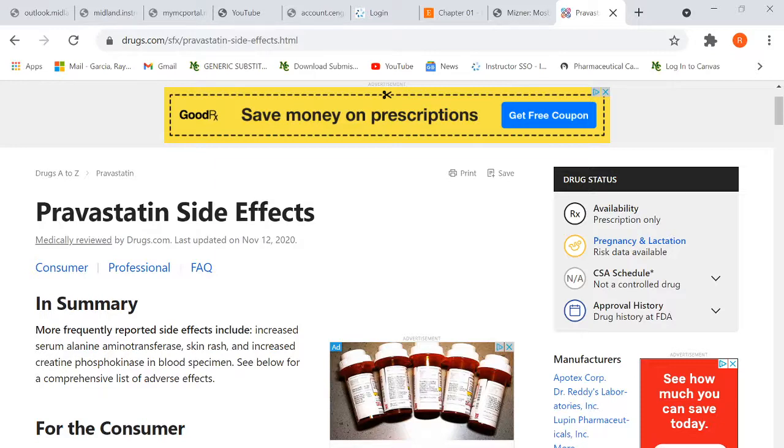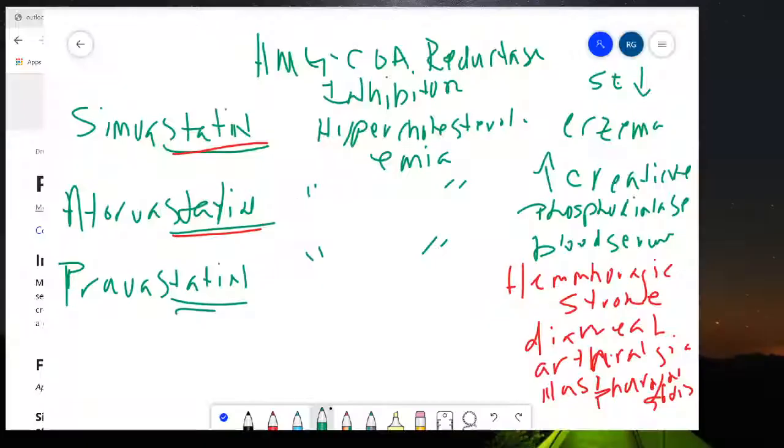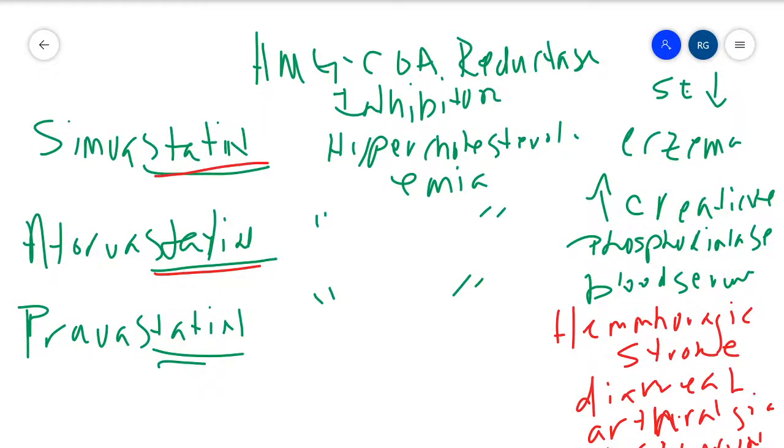So I would again pick skin rash and increased creatine phosphokinase in blood specimen, not serum. Hemorrhagic stroke, and also eczema, which is also somewhat of a skin rash.